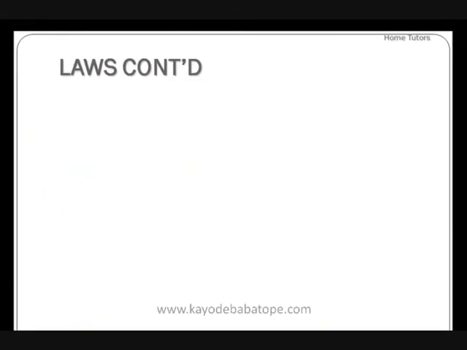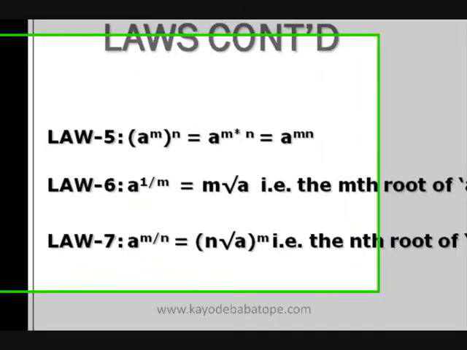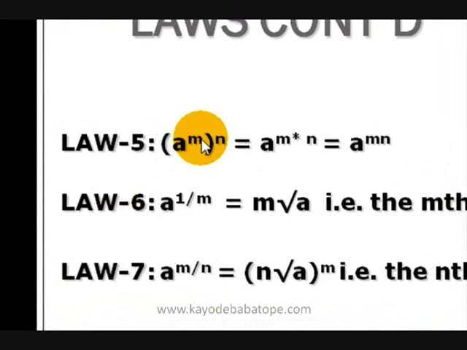Now, there are some additional laws of indices. Let's quickly look at the remaining laws of indices. Law 5 says a raised to power m then raised to power n is equal to a raised to power m times n, which equals a raised to power mn.